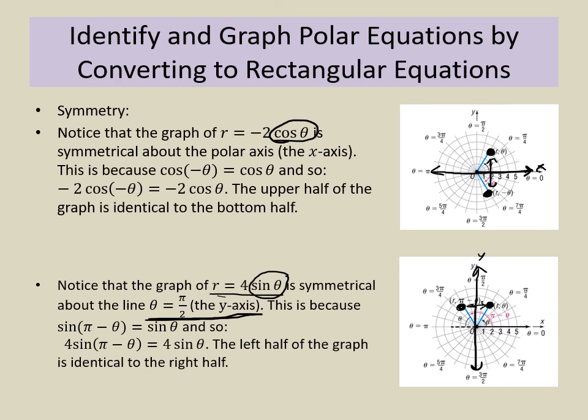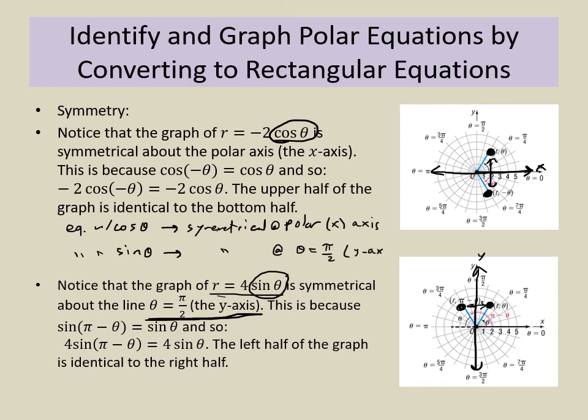So once again, equations with cosine of theta are going to be symmetrical about the polar axis (x-axis), and equations with sine of theta are going to be symmetrical about the line theta equals pi over 2, which is the y-axis.